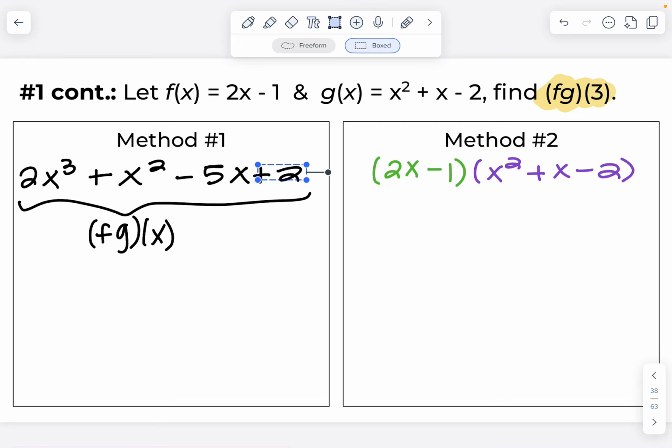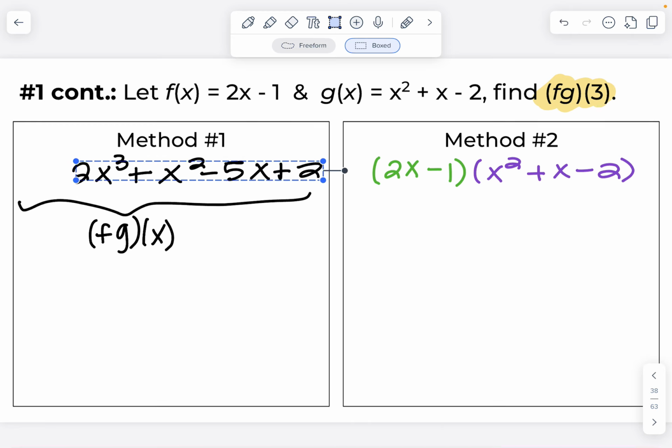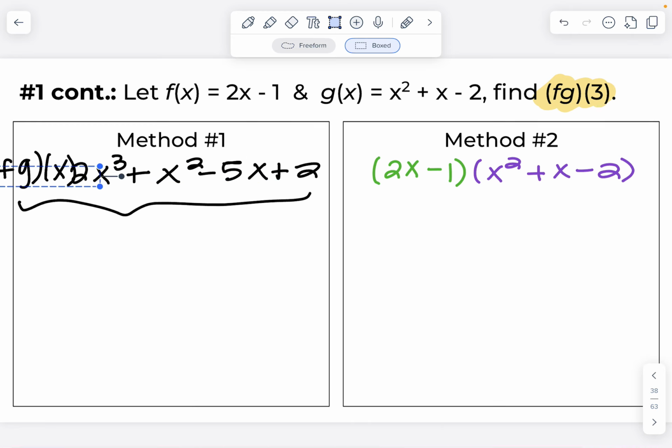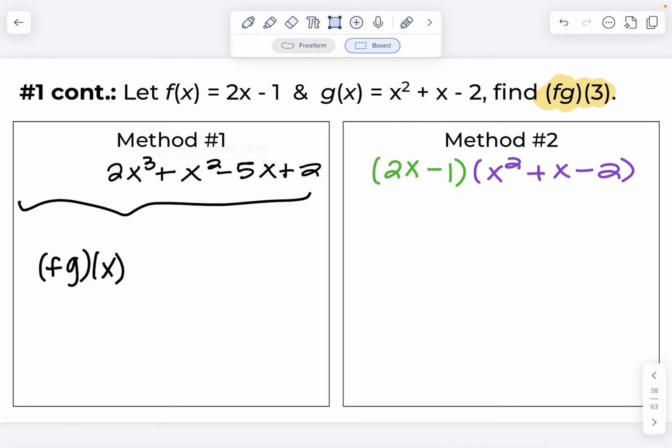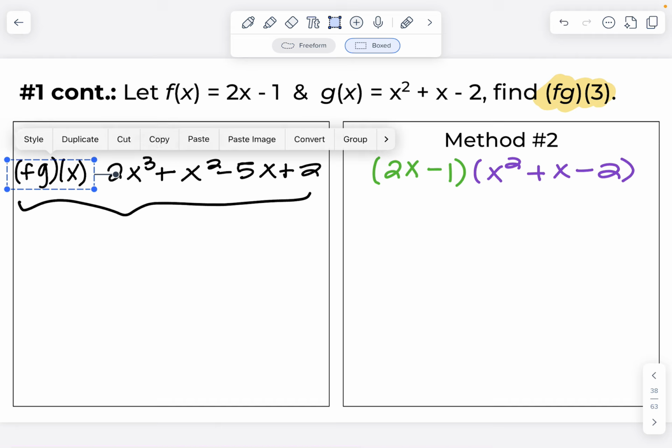And so what I can do is I can take this, and I'm actually going to condense this a little bit so I can put an equal sign. I can take this, and all I have to do is substitute in 3 anywhere I see an x. So that is going to be method 1.